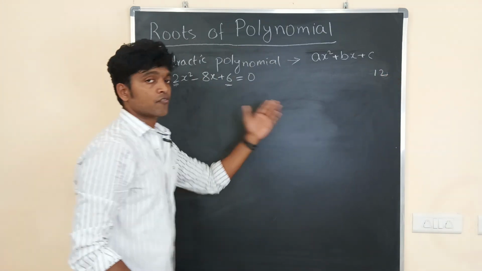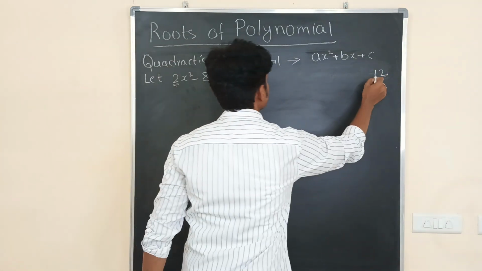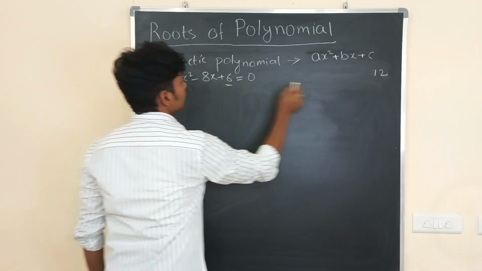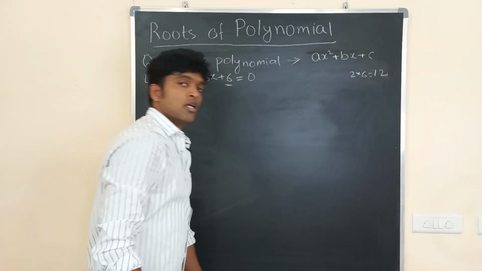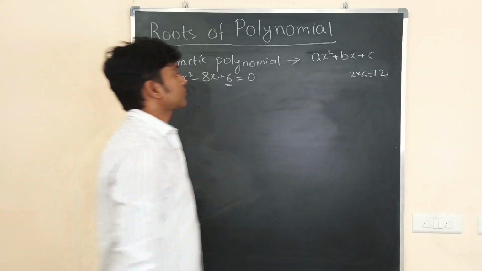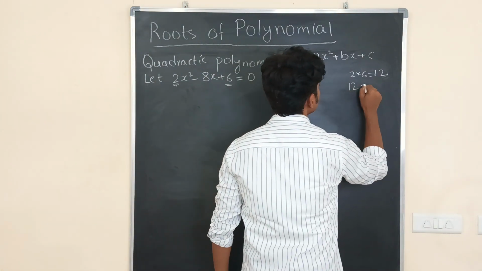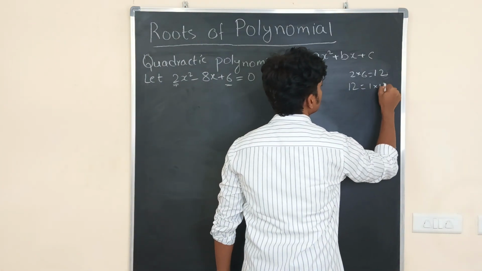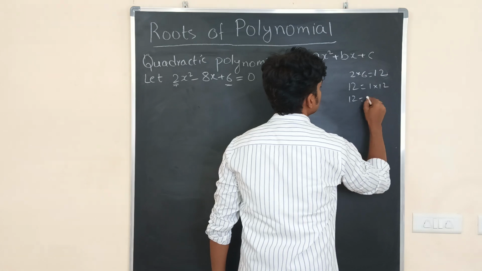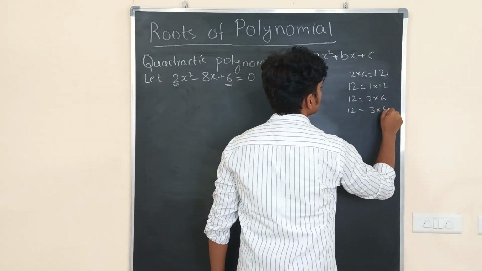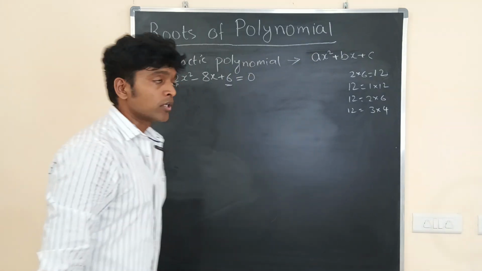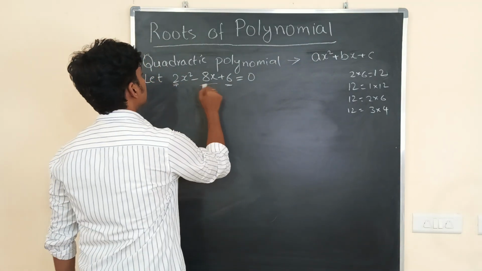This should be done in rough. Now what are the factors of 12? 12 can be written as 1 into 12, 2 into 6, 3 into 4. Now here what is the middle term? Minus 8.